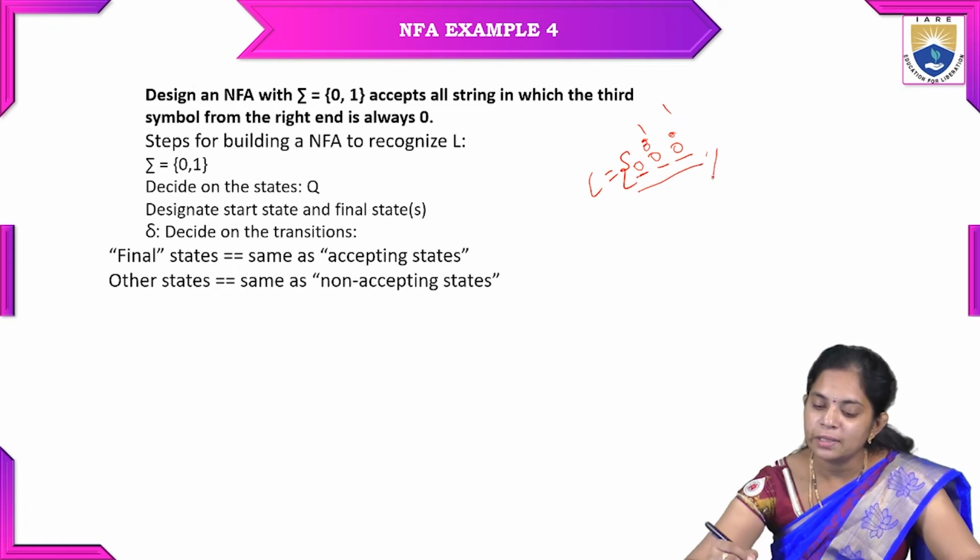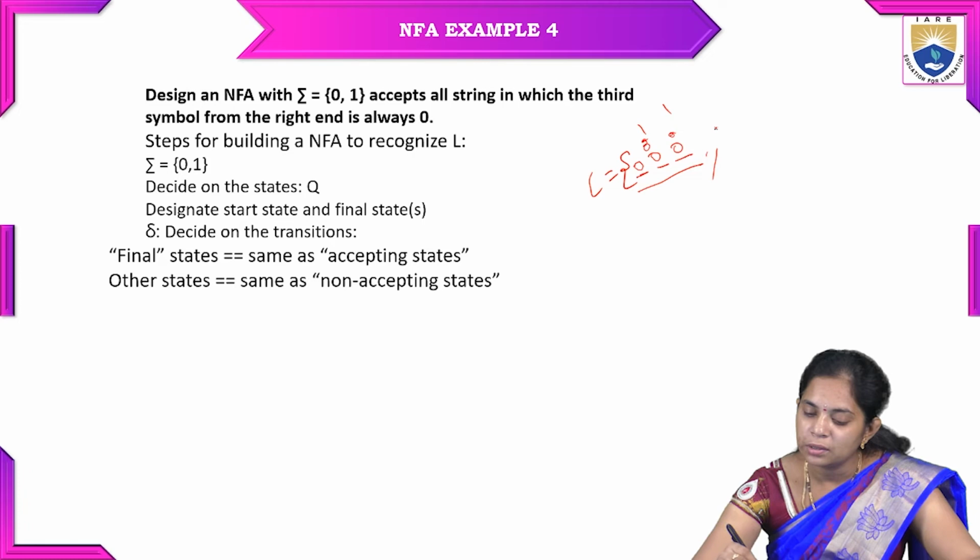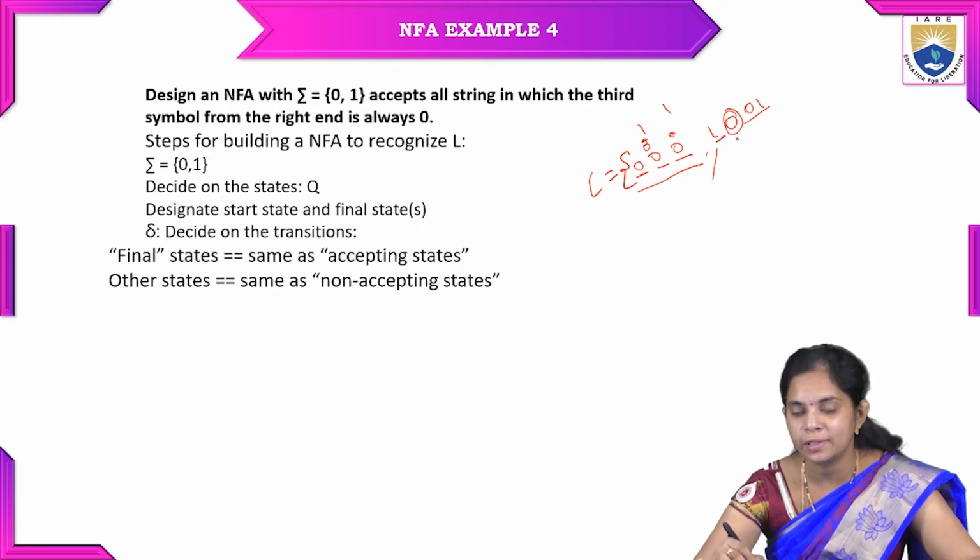Next, like this, we can also elaborate the third symbol from the right end, and we can add 0, 1 and 1. So here is the condition: the third symbol from the right end is 0. Like that, we can also add 0 instead of 1.